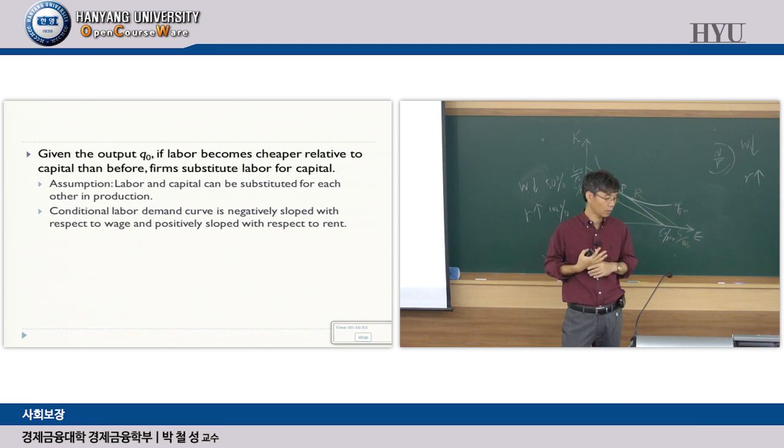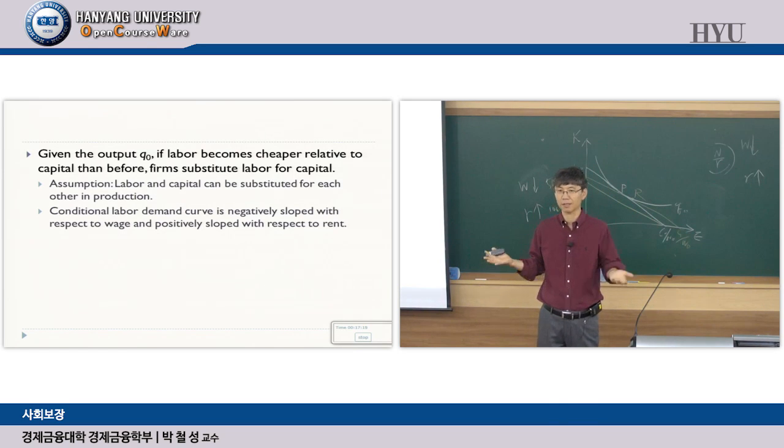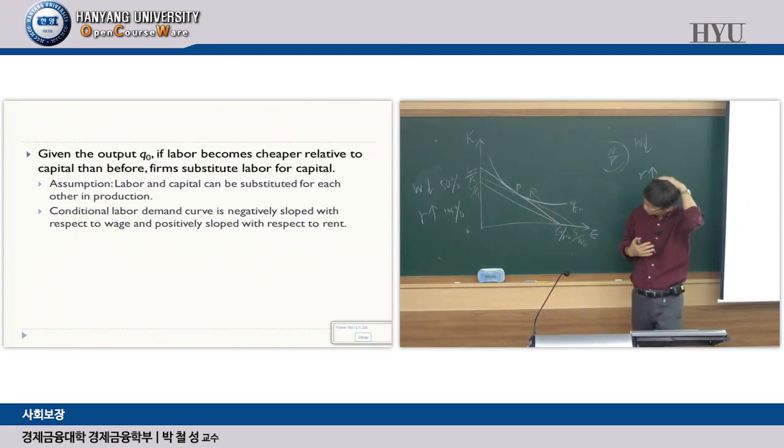For example, if you run a transportation business, what you need is a car, but also you need a driver, right? So one car, one driver. In that case, if the driver wage goes down, you cannot substitute driver for car, because they cannot be substituted. So we assume there is substitution.